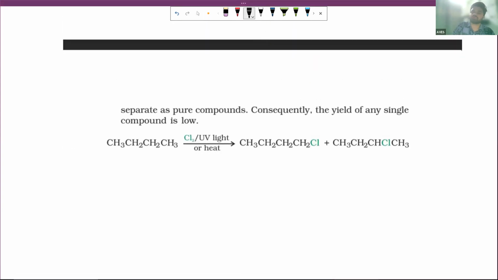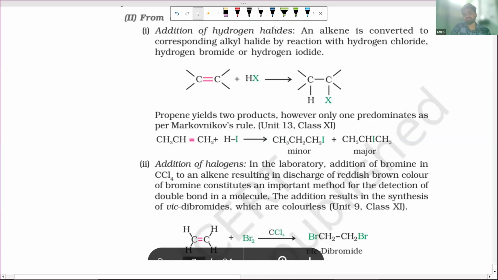Next, if I'm talking about the next one, it is from alkenes. We can also prepare it from alkenes. It's very simple to prepare it from alkenes. For example, if I pass HX, meaning hydrogen chloride or hydrogen bromide, to it.